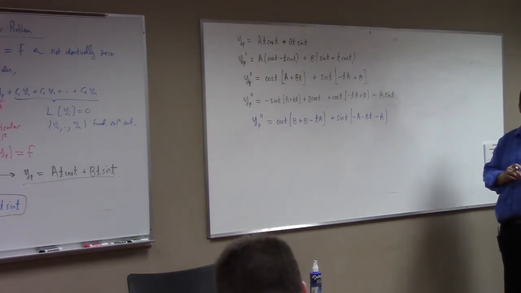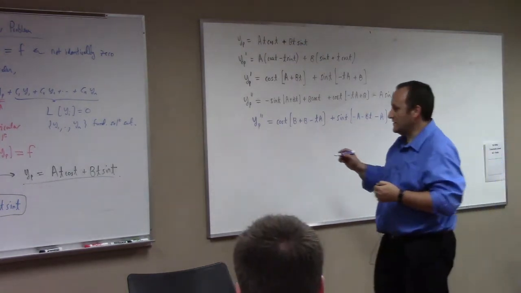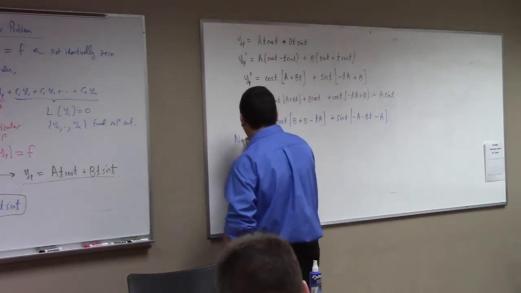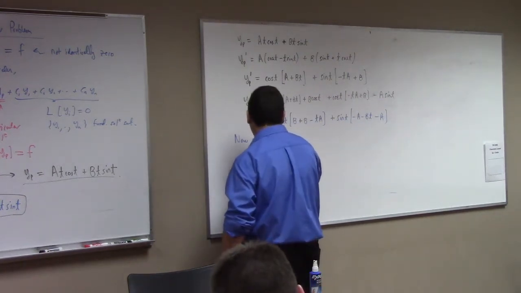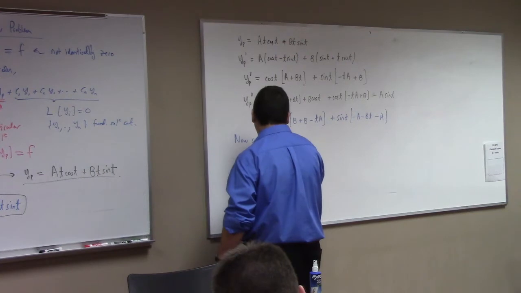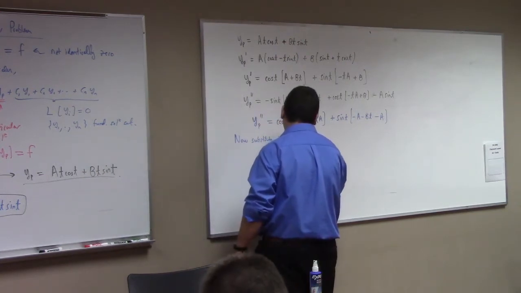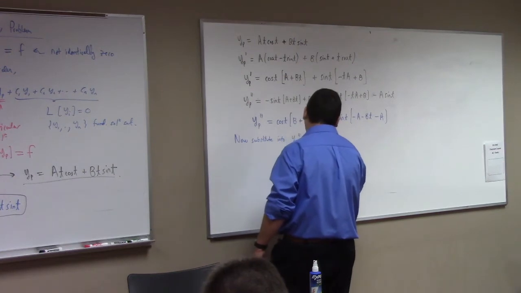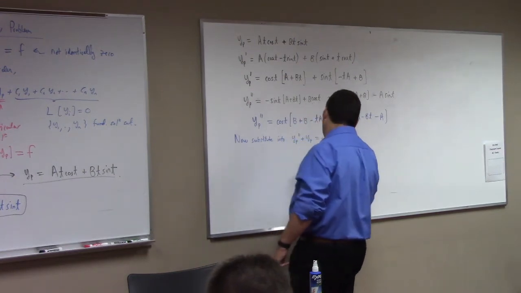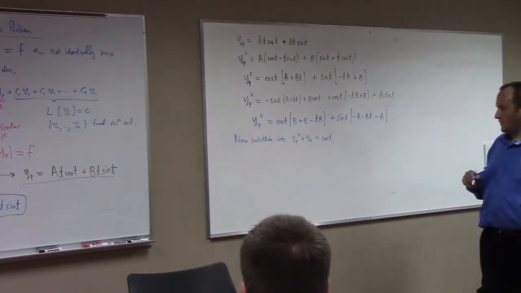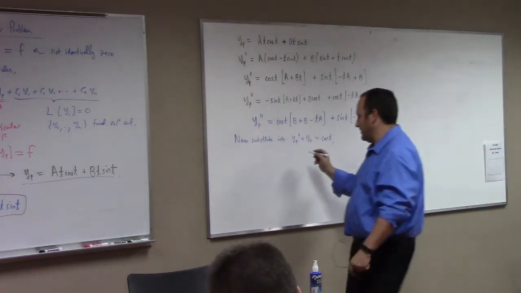Now we plug it into the differential equation. Now substitute into the differential equation. So yp prime prime plus yp equals cosine t. What do we get? We get what I just had above, right?